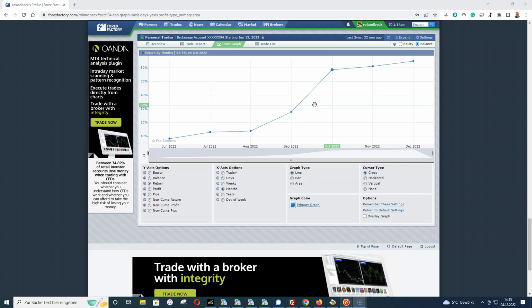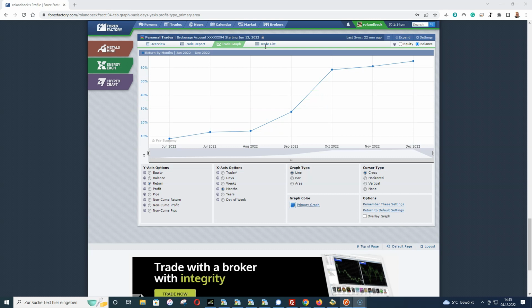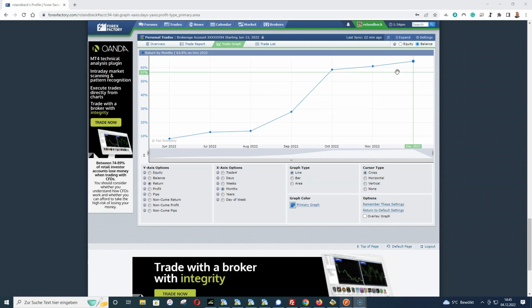If you look at this statistic on Forex Factory, all trades are recorded here. You can see this nice curve. From month to month it was going up. My money management system works this way: for every 100 euro or dollar on my account, I trade with 1 micro lot.